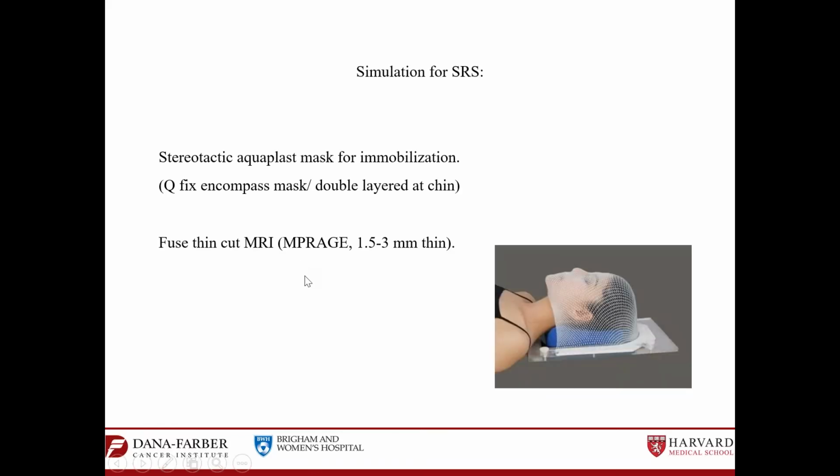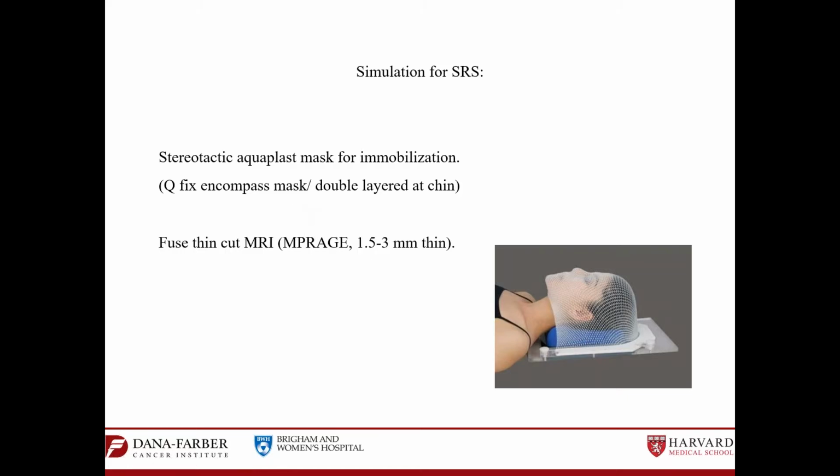Okay. So for simulation, we all know in stereotactic radiosurgery, the most important part is the immobilization and fixation of the patient. There are many masks that come from different companies with different setup errors. The one we use here at Brigham is called the Q-Fix Encompass mask, which comes double layered in the chin.